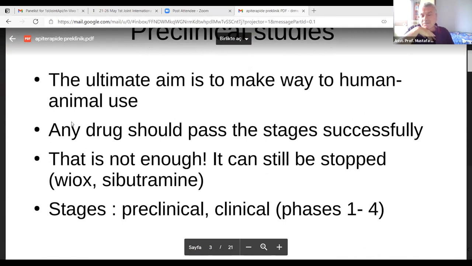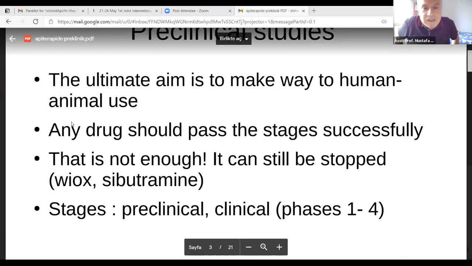The ultimate aim in any preclinical study is to make it to the clinical stage, meaning we have to pass all these preclinical stages so we can go into clinical use, into human use, so that we can introduce it to humans.